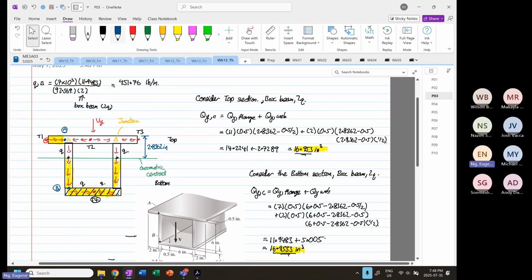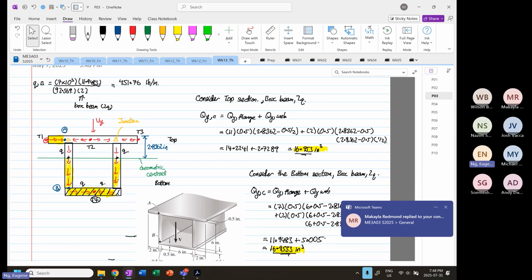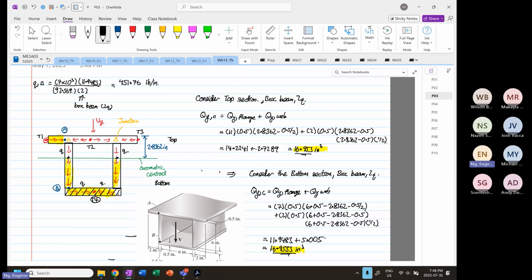If you want to find the centroid, take from the top or bottom, the answer will be the same. So this practice is a good check, okay, to see if your answer is correct, whether you take from top or bottom. Right. So I don't have any question regarding this question, right?